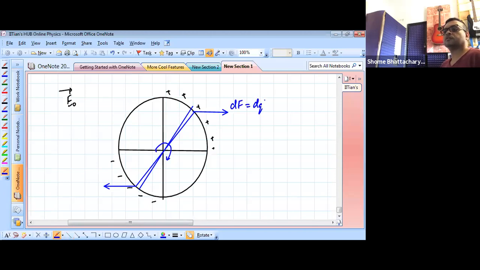So dF is dq into E naught. This is at an angular position theta. This differential torque it will create is 2 times dF r sin theta.